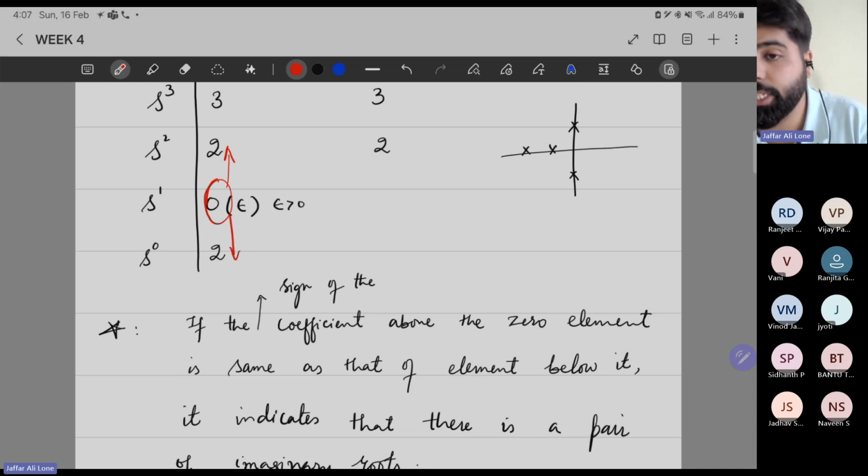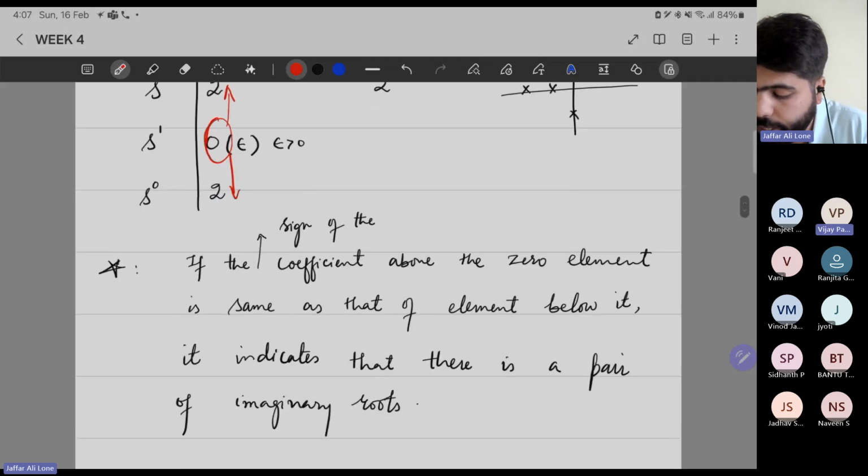So here, if you can see, this is my zero element, and the element preceding it and the element after it have the same sign. Whenever you have a zero element, you have to be very careful. If there is no sign change, you have to look for the sign of the elements before and after the zero element. If they are of the same sign, then it indicates there is a pair of imaginary roots.